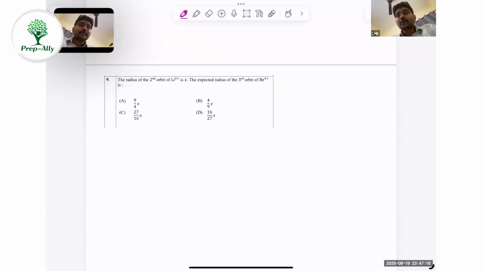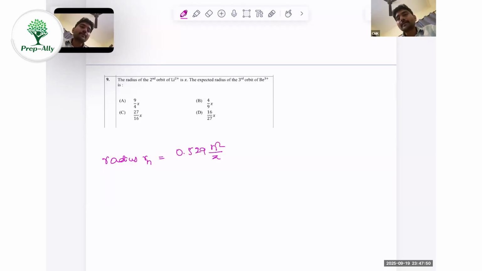Next question: the radius of the second orbit of lithium 2 plus is X. The expected radius of the third orbit of beryllium 3 plus is? For any hydrogen-like orbital, the radius of the nth orbit is 0.529 n square by Z angstroms.